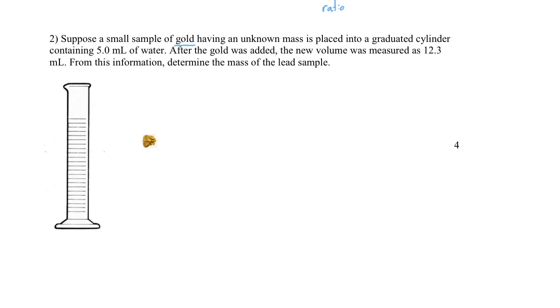Let's say that graduated cylinder already had 5.0 milliliters of water in it. After the gold was added, the new volume in that graduated cylinder was measured as 12.3 milliliters. Let's use this information to help us determine the mass of the gold sample. Now, just a note, it says lead sample here, probably a typo. I meant to have gold.